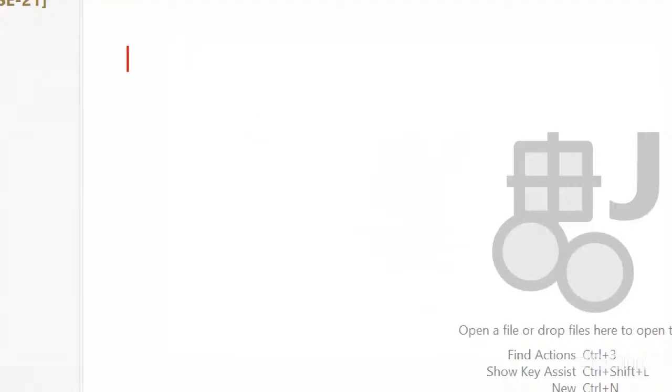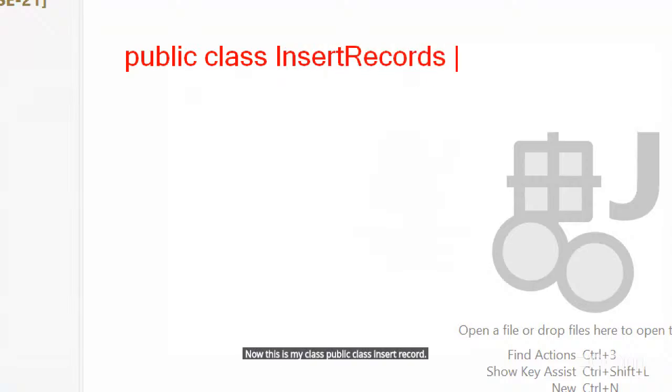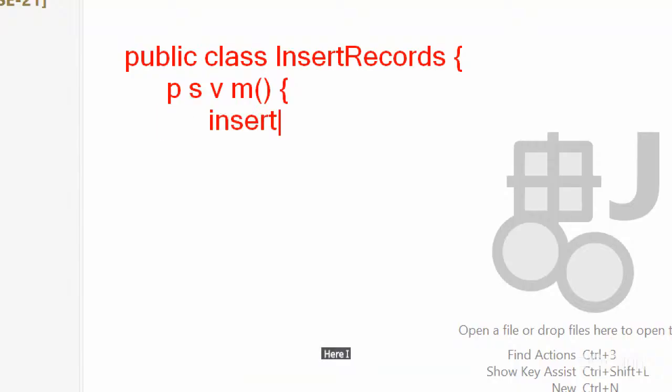Now this is my class, public class InsertRecord. Tell me, one method is what? Public static void main, String args and all you write. Anyhow, in the code I will also write. Next, here I will call insert of ID, name, email address, phone number.